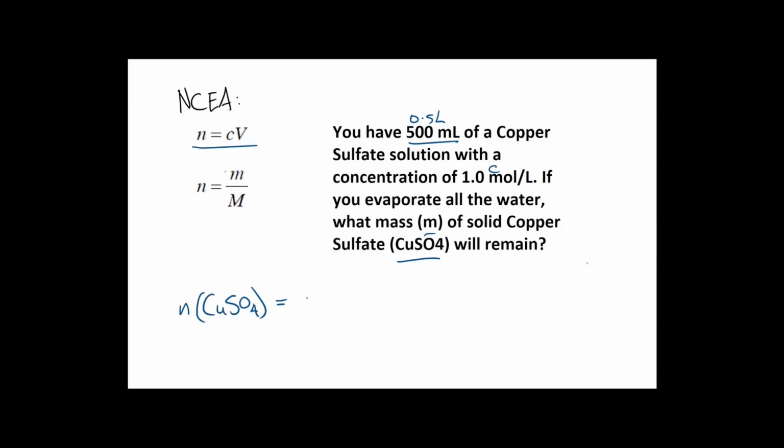So the number of moles of this copper sulfate is going to be equal to the concentration of this, which is 1.0 times the volume, and the volume is 0.5 litres. So the concentration is times 0.5, which is 0.5. So C equals 0.5.